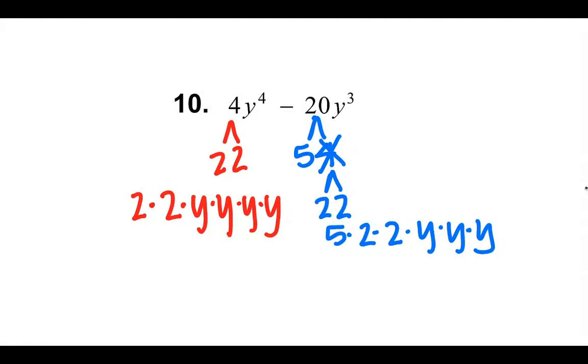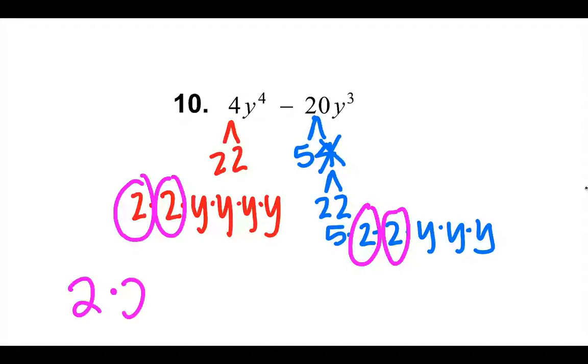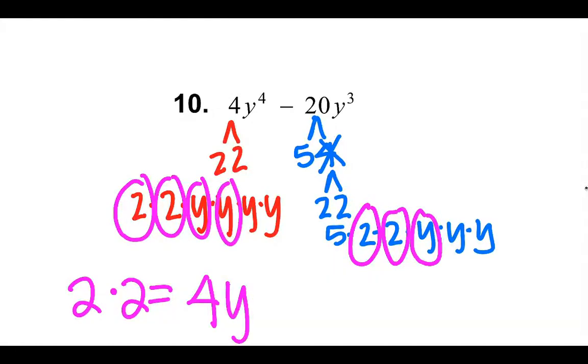When I'm finding the GCF, I'm going to pull out a 2 and a 2, so 2 times 2 gives me 4. Then I can also pull out 1 y from each, 2 y's from each, 3 y's from each. And again, I'm looking for the smallest exponent, which was y to the third. So that's where I got that from.